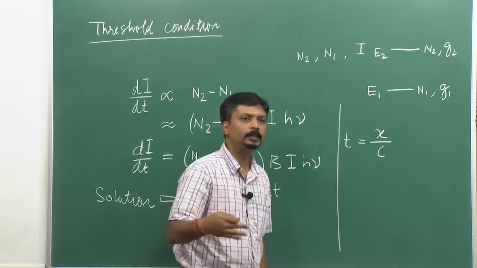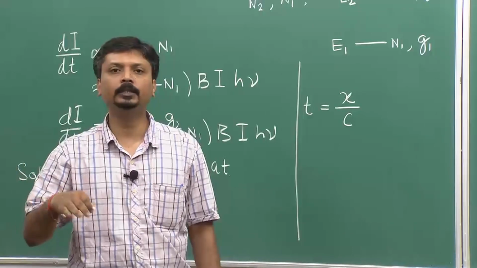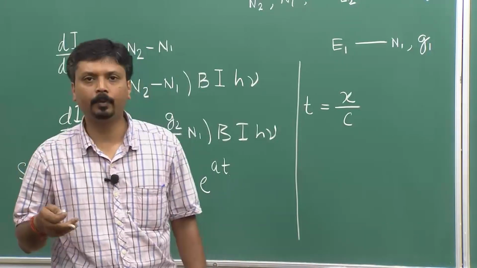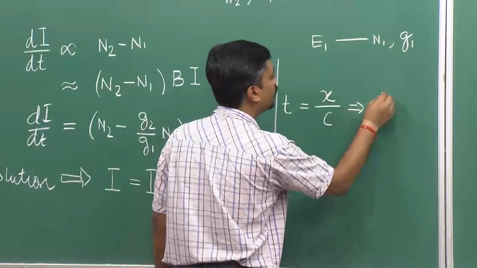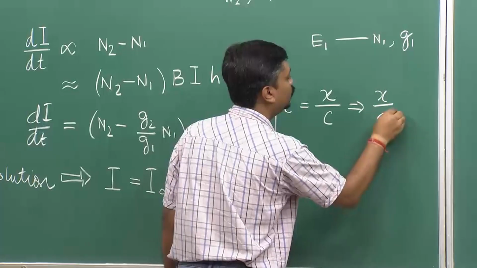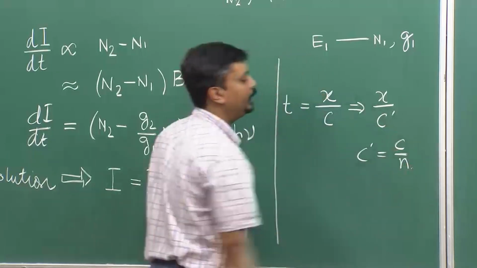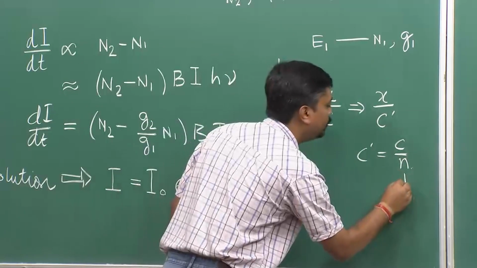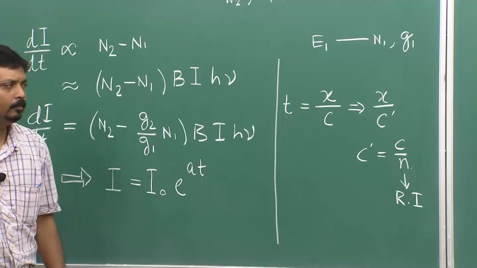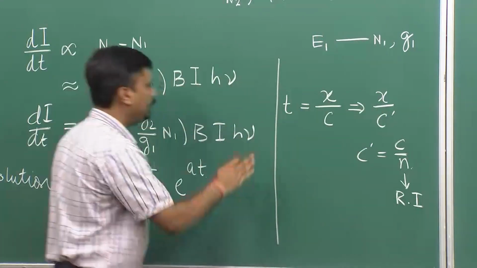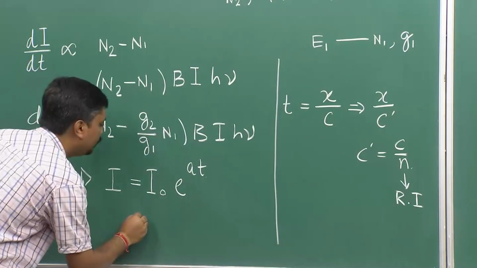In real systems, we may encounter a medium which is different from, say, vacuum. So, in that case, my expression will be modified to c prime, where c prime is nothing but taking into account the refractive index of the medium, right. So, this is my refractive index of the medium. So, since I can convert t into this, I can express this equation in terms of this one also.